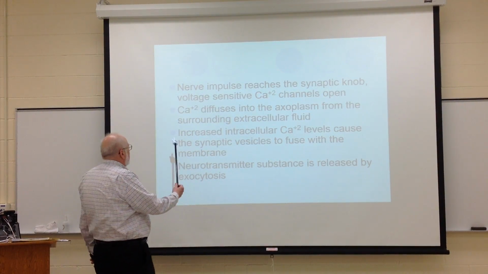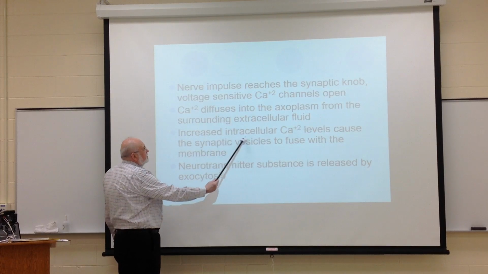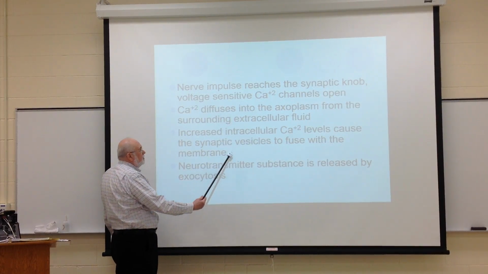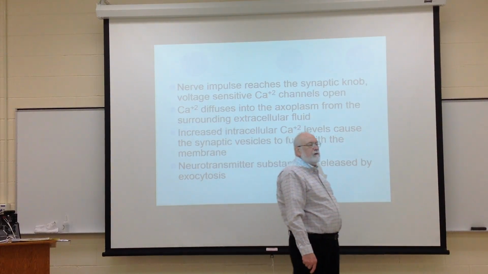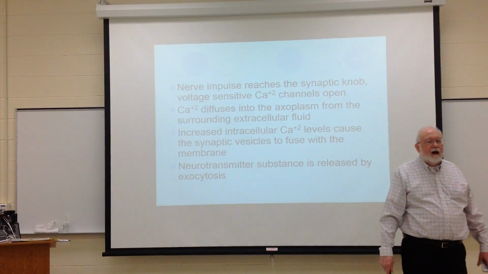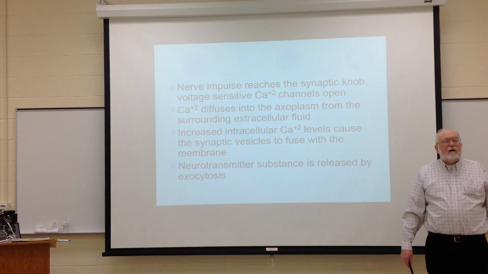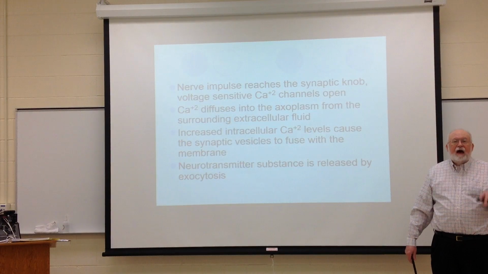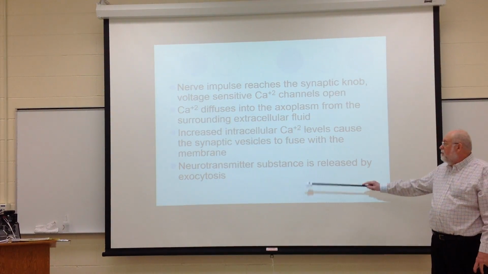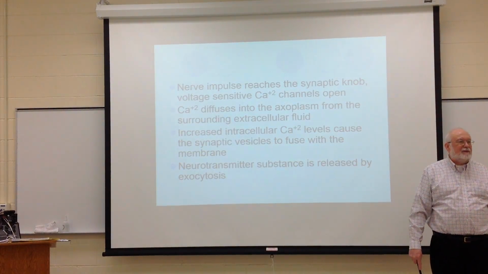What does the calcium do? Well, it's going to cause the synaptic vesicles to fuse with the membrane of the synaptic knob. That's going to cause exocytosis, or in other words, an opening of those synaptic vesicles. And what floods out of them? The neurotransmitter substance.